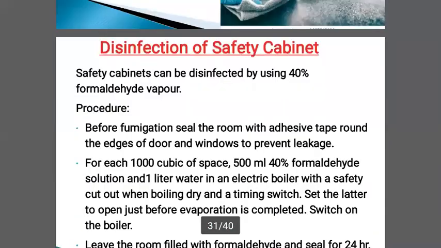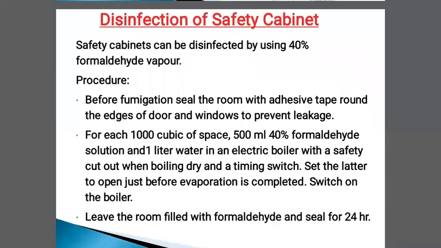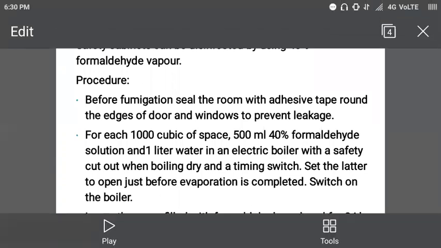Disinfection of safety cabinets. Safety cabinets can be disinfected by using 40% formaldehyde vapor. Procedure. Before fumigation, seal the room with adhesive tape around the edges of the door and windows to prevent leakage.